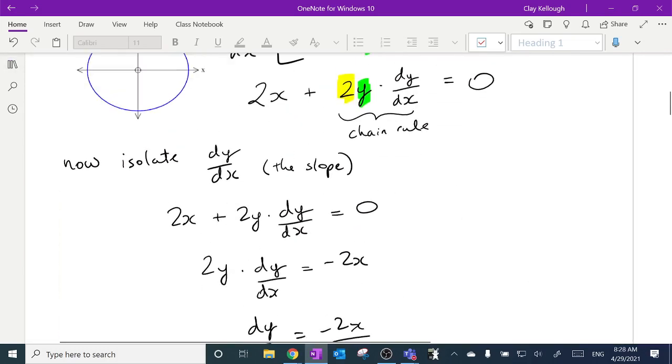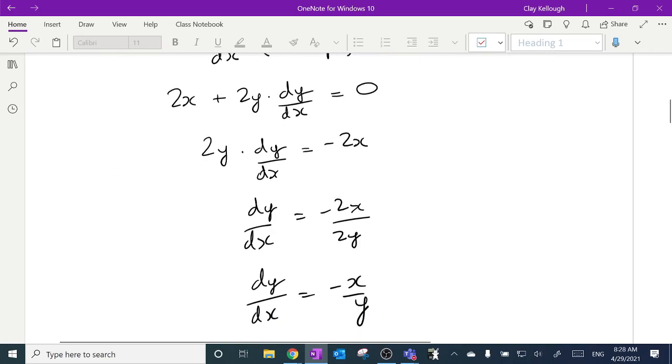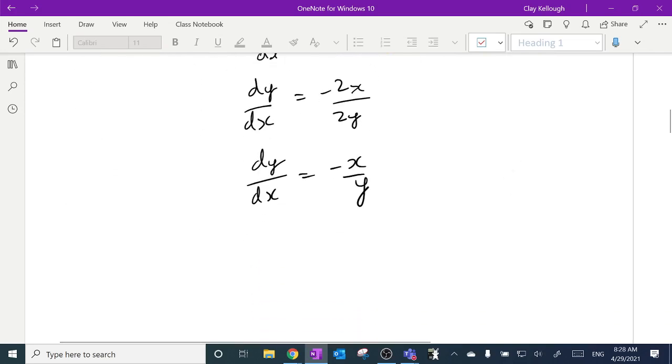remember I was supposed to, if you go back to the question, find the slope of the tangent at the point (-9, 12), which is the same thing we did yesterday, and we got negative 3/4, and that's what we're going to get today.